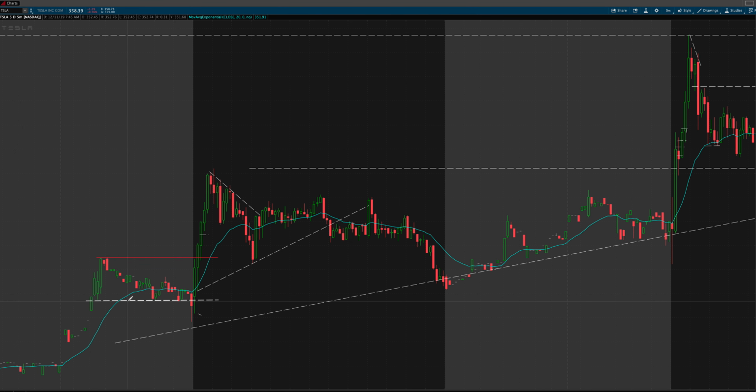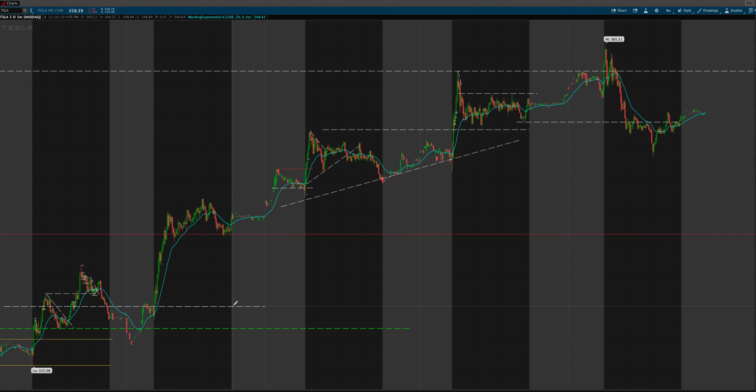It broke out of its pre-market resistance, had a push up. Resistance was acting as a support. It bounced. It continued to trend up. And then we drew a line like this because it was creating higher lows and, in a short while, higher highs.